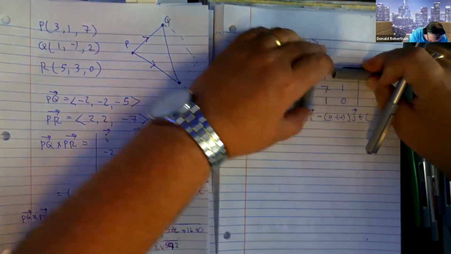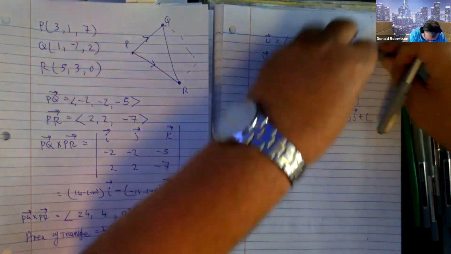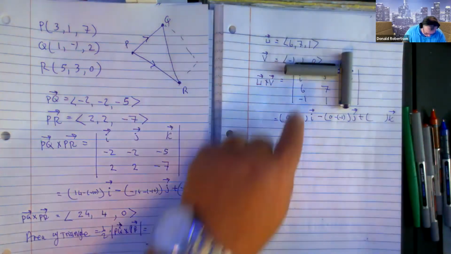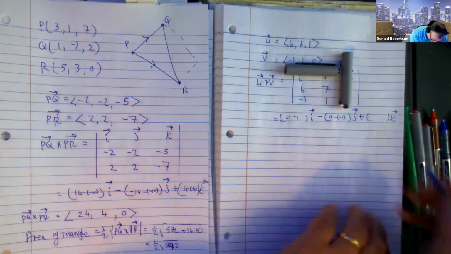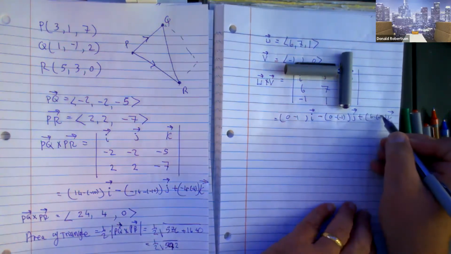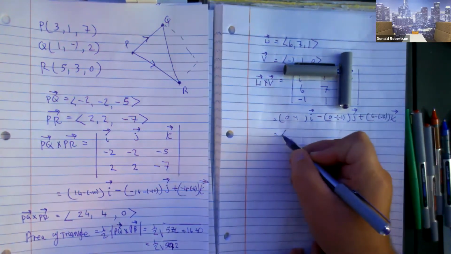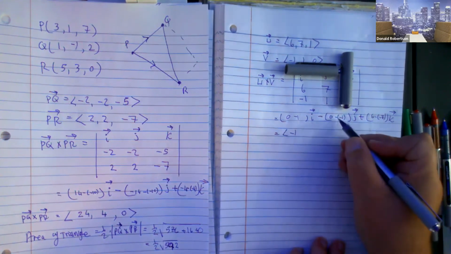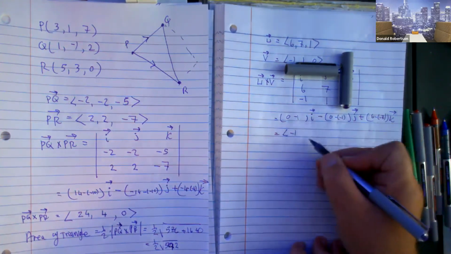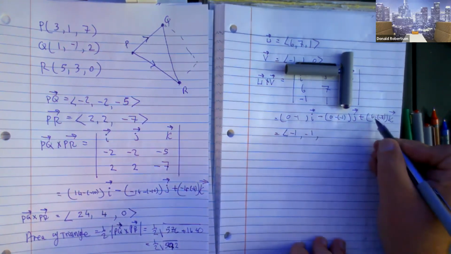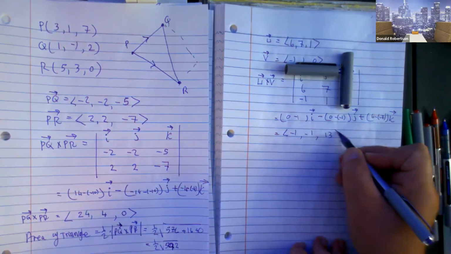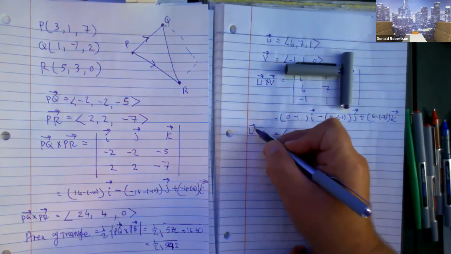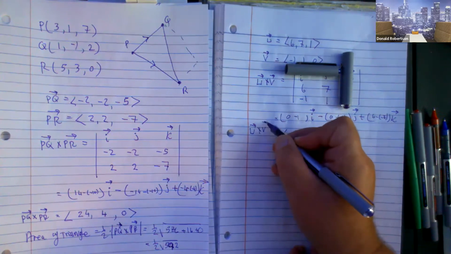And if you do the last one, you get 6, take away -7. And so we have -1. That guy's 1, but then you take its negative, and that's 13. And there is our cross product.